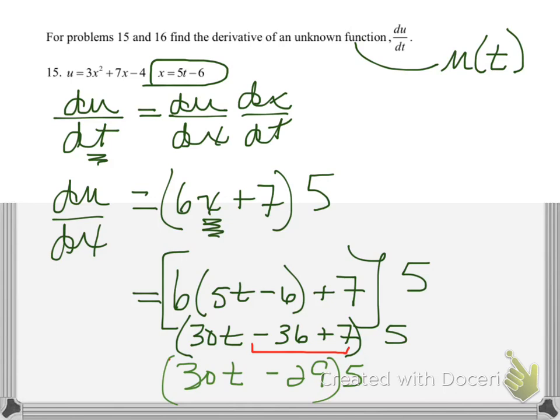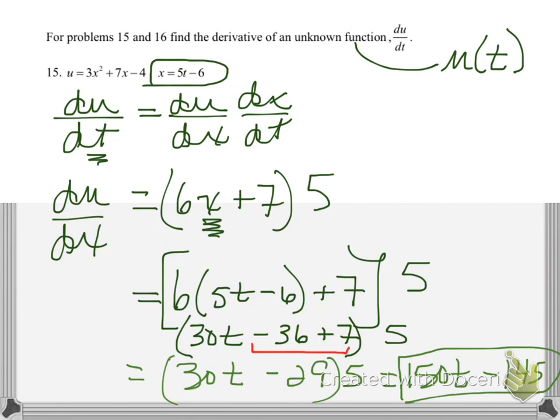So you might as well go ahead and distribute that. This is going to equal 5 times 30 is 150t minus, and 5 times 29 should be 145. Okay, and we are done.